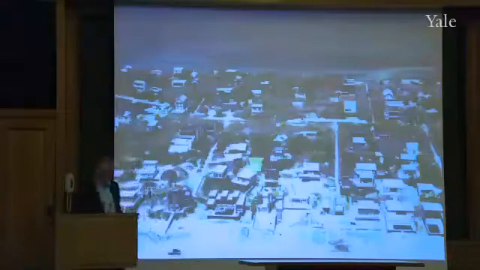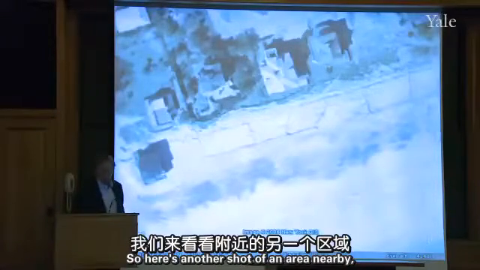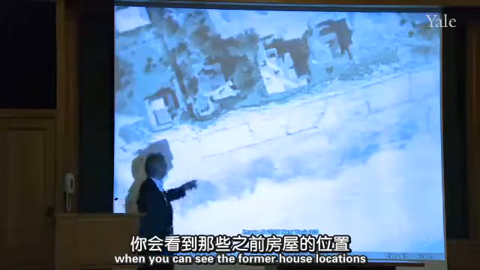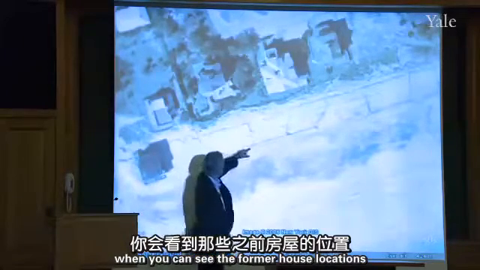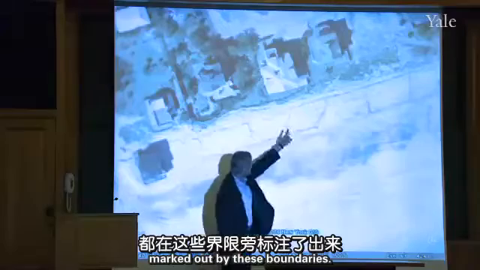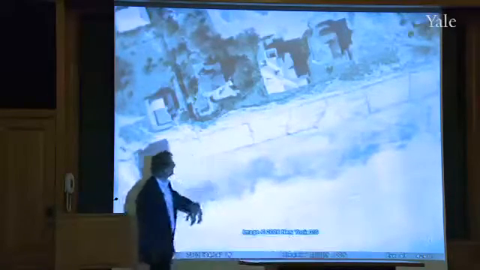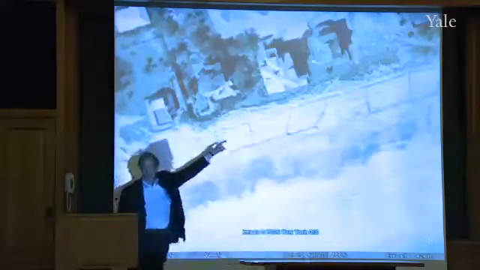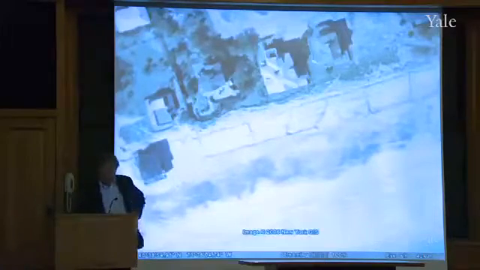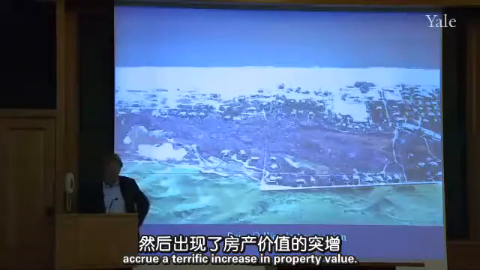So here's another shot of an area nearby, where you can see the former house locations marked out by these boundaries, so that all of a sudden these become shorefront and accrue a terrific increase in property value.